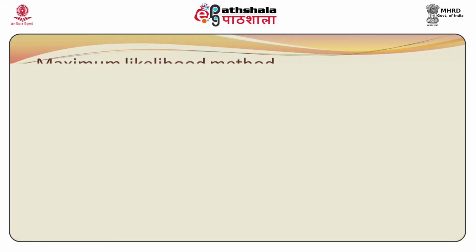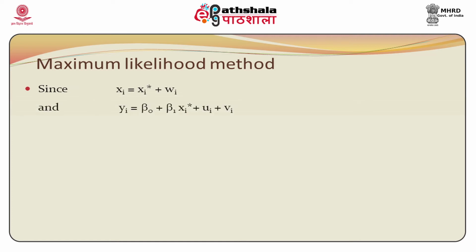Now, since we are using the maximum likelihood estimator, we need to make certain distributional assumptions on the errors. Let us assume that the ui's are IID normal 0, sigma u square, the vi's are IID normal 0, sigma v square, and the wi's are IID normal 0, sigma w square. We will also assume that xi star itself is stochastic.